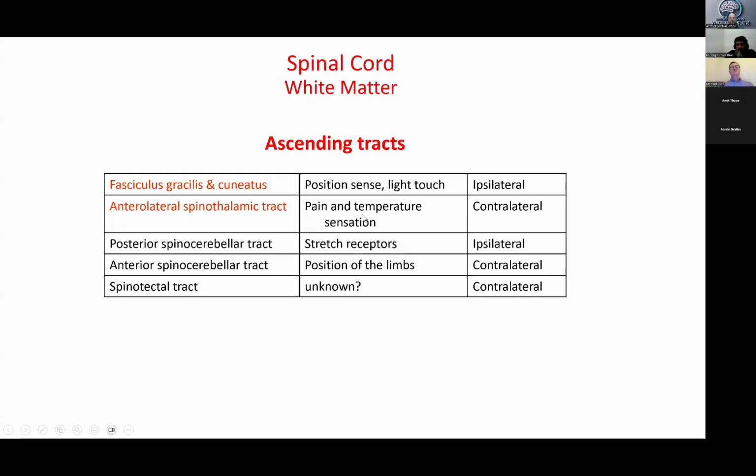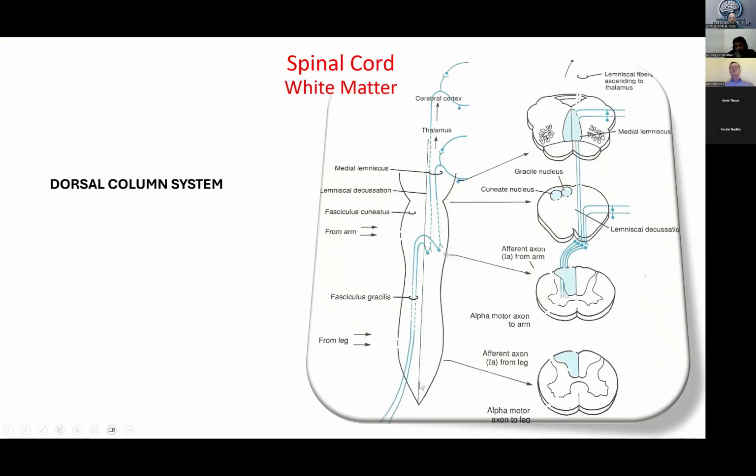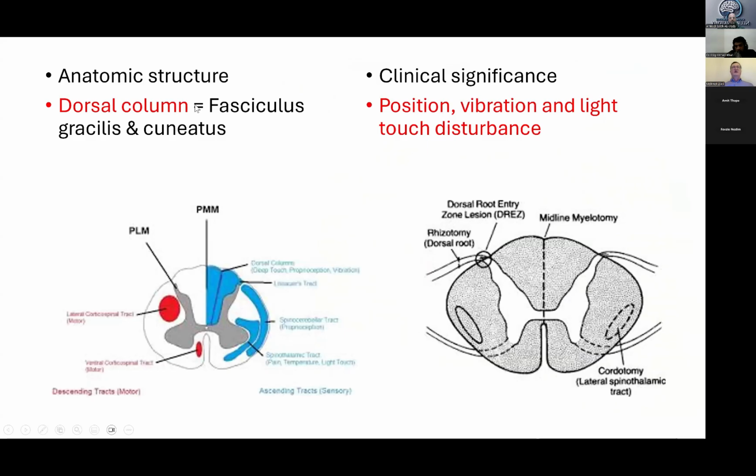However, the anterolateral spinal tract is contralateral. Here is the dorsal column system, and here is the position, vibration, and light touch disturbance by affection of the dorsal column. This is the clinical significance.